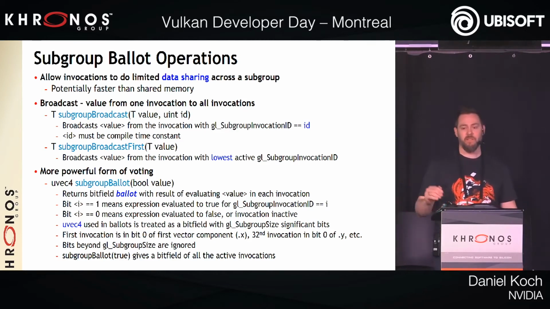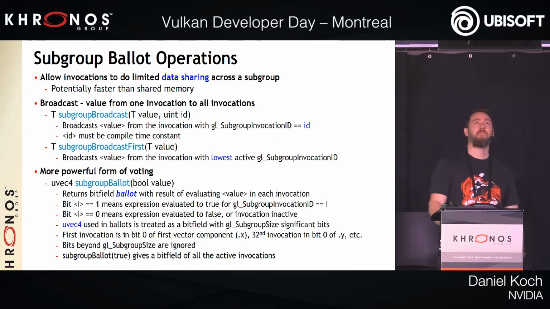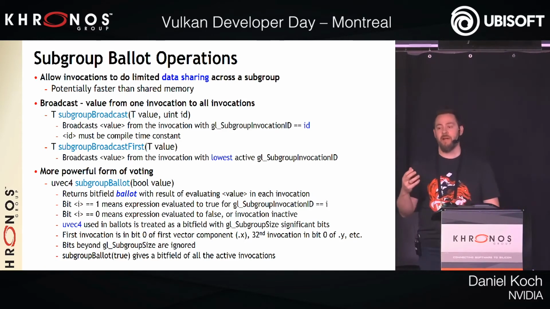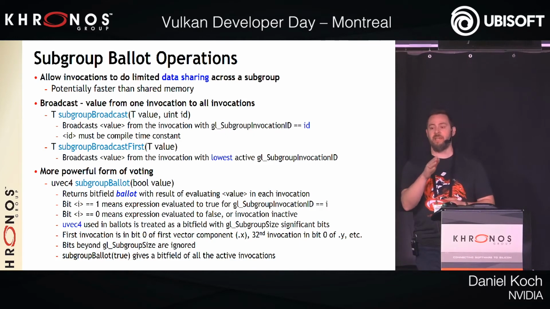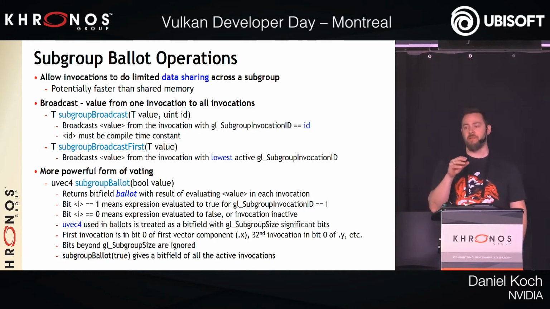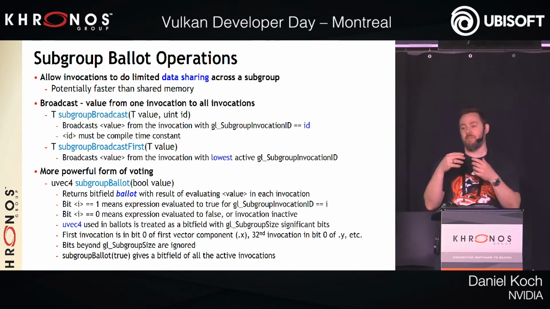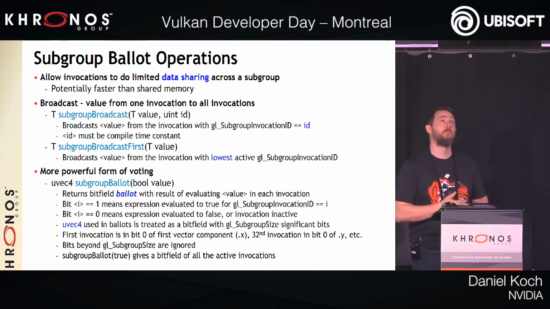There are some additional built-ins that don't require that, but for broadcast, the ID must be a constant. There's also subgroup broadcast first, which picks the lowest active lane and broadcasts that value to all the other ones. That's the same semantics as subgroup elect, so instead of doing subgroup elect and then broadcast, you can just do it, as it combines the two operations for you.